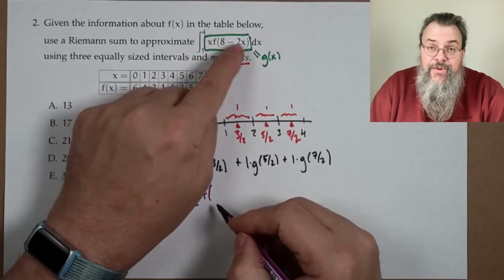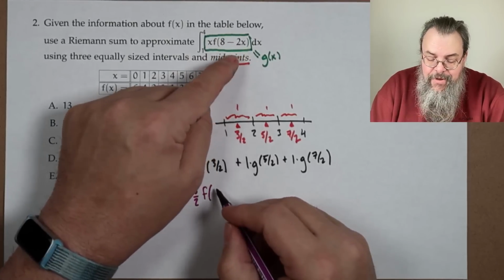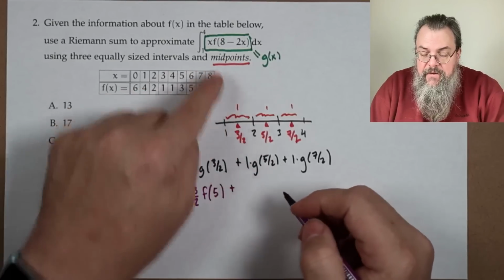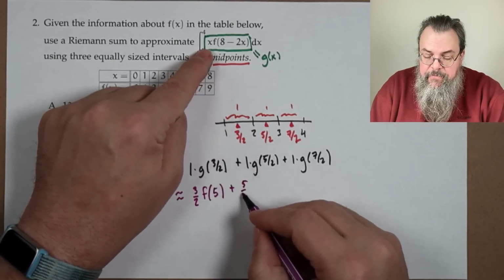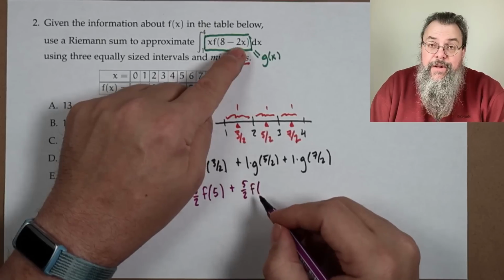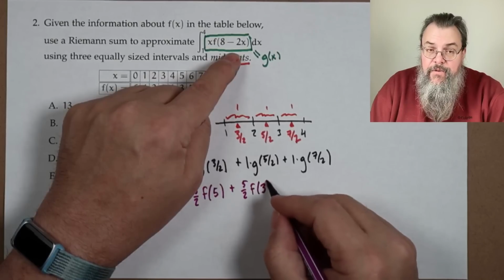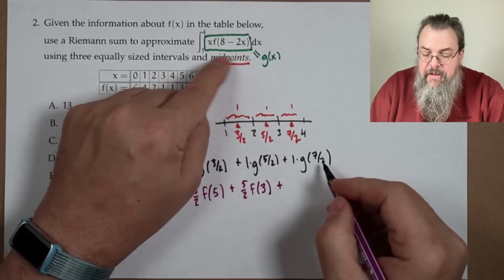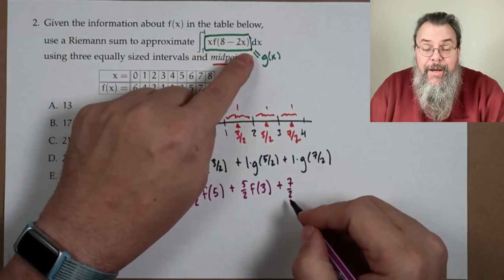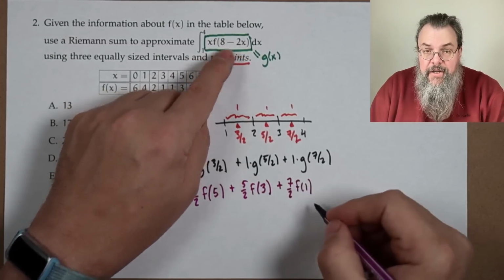Now, 8 minus 2 times 3 halves is the same as 8 minus 3, which is 5. Plus, plug in 5 halves. We have 5 halves times f of 8 minus 2 times 5 halves, that's 8 minus 5, so that would be f of 3. And then 7 halves, 8 minus 2 times 7 halves, that's 8 minus 7, so that's f of 1.